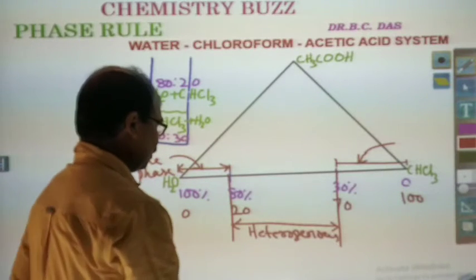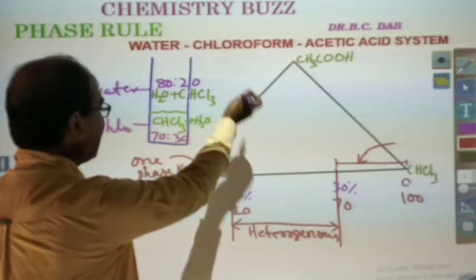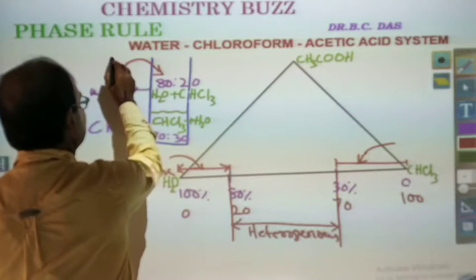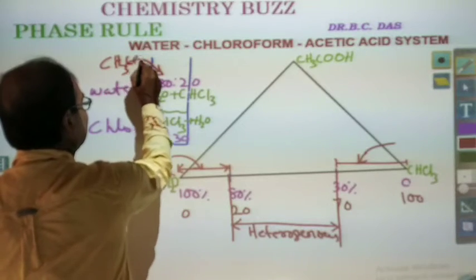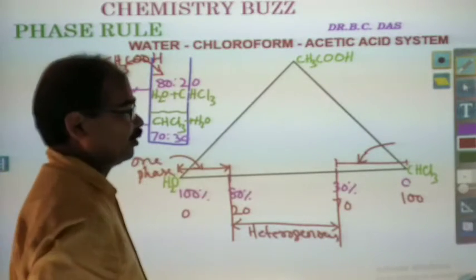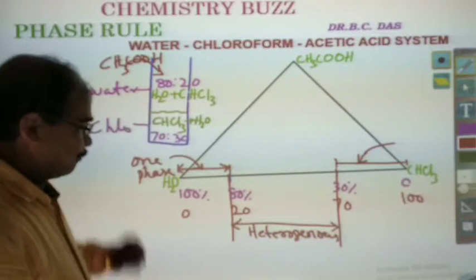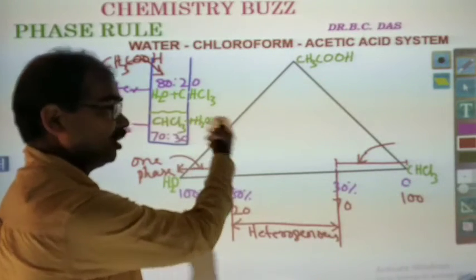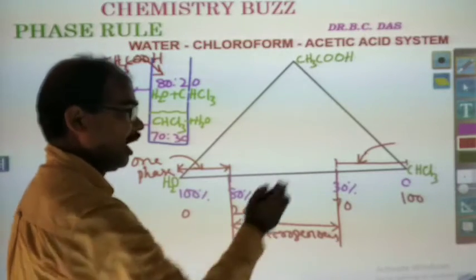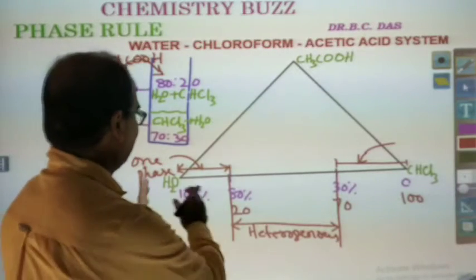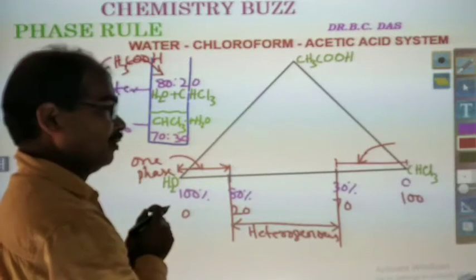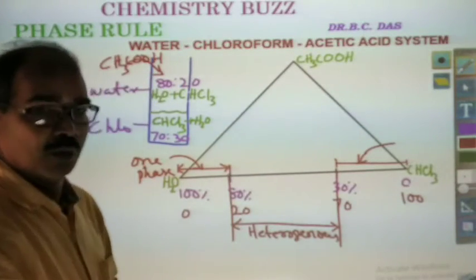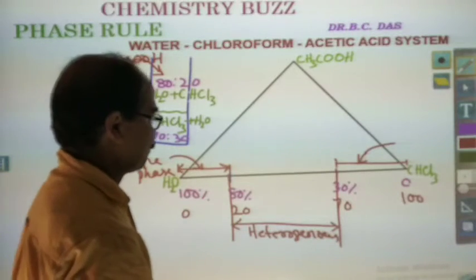So now we will add acetic acid, CH3COOH, to this container. When acetic acid is added, the acetic acid is soluble in water and chloroform, and it will increase the mutual solubility or mutual miscibility of water and chloroform in both the layers.